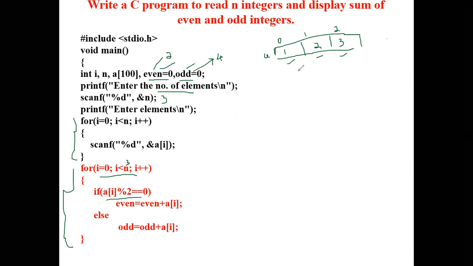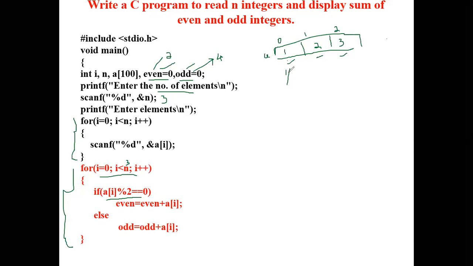You can tell an integer is even if the number is completely divisible by 2, that is, if it leaves remainder 0. And if a number is not completely divisible by 2 and leaves a nonzero remainder, then we can tell it is an odd number.